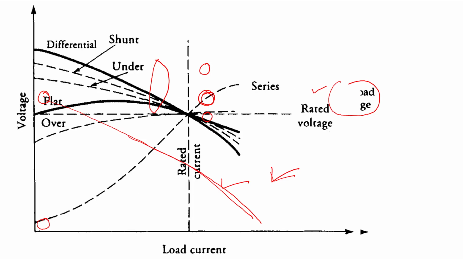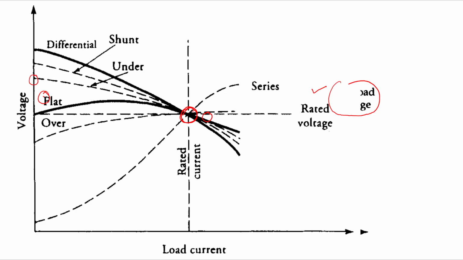Now let's see the characteristic in order to maintain the voltage at a particular value. Suppose I want to maintain the load voltage at no load, then what do I need to do for all the generators? In case of the shunt generator, the no load voltage will be higher, right? Like this one, this is for the shunt.